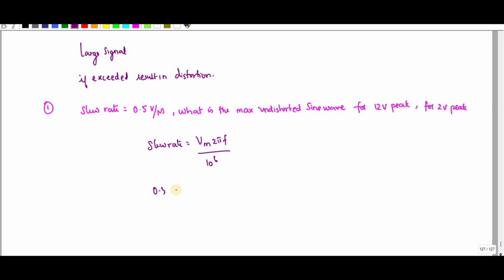So 0.5 volt per microsecond is equal to, letting Vm be 12 volt, 12 into 2 pi F divided by 10 power 6. To find F, it is 0.5 into 10 power 6 divided by 12 into 2 pi. If I solve, I will get 6.63 kilohertz. This must be my maximum operating frequency.